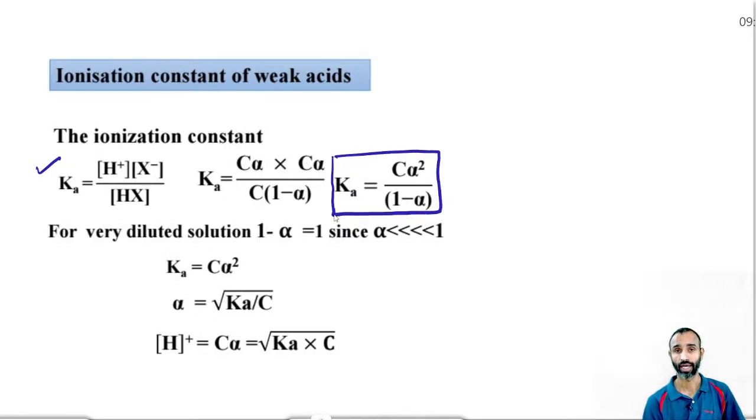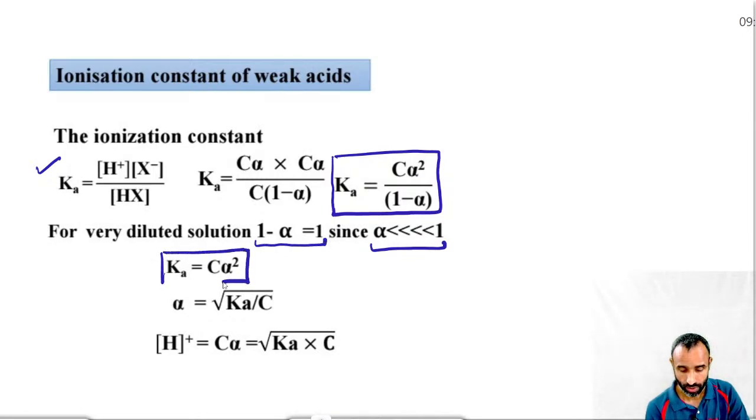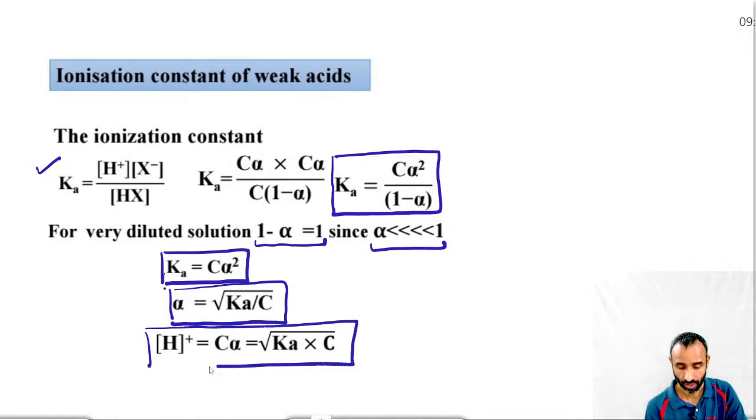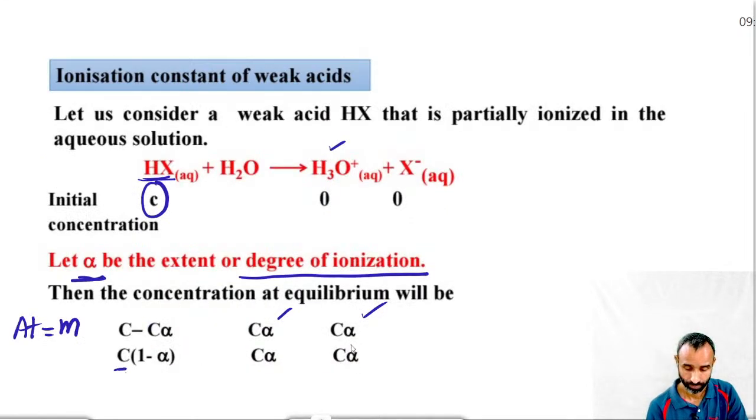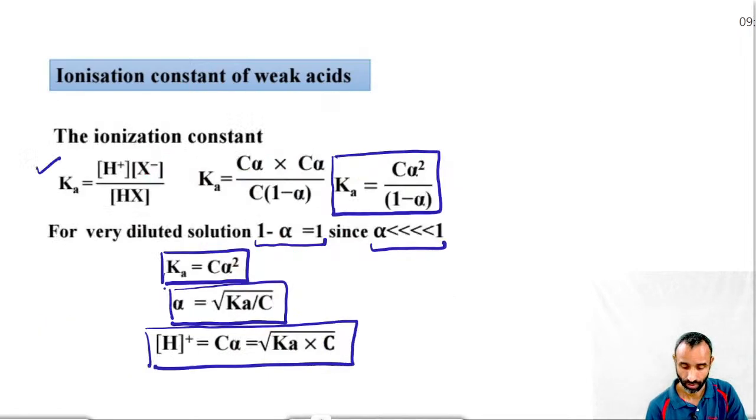But as acid is weak, alpha is very, very less than 1, and therefore 1 minus alpha can be treated as 1 only. Therefore Ka equal to C alpha square, and alpha is equal to under root Ka divided by C, or H plus ion concentration is C into alpha, and therefore it is equal to under root Ka into C.